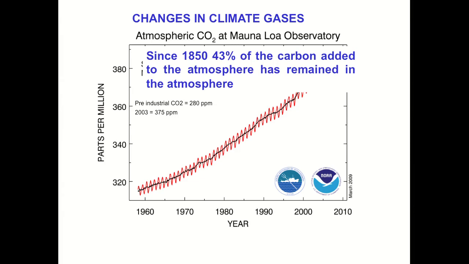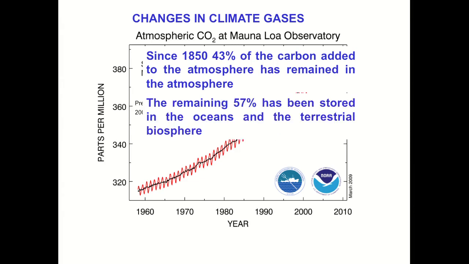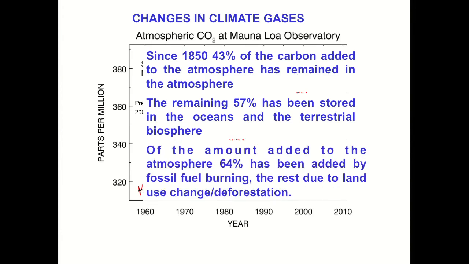It's generational. The remaining, about 57%, is stored in the oceans and the terrestrial biosphere. There's some discussion about the relative storage between the ocean and the biosphere, but roughly 57% in total. But of the amount that's put into the atmosphere, almost 2/3 has been added by fossil fuel burning. The rest is due to land use change, deforestation, and so on.